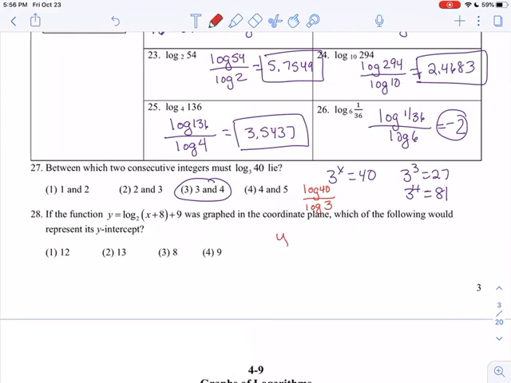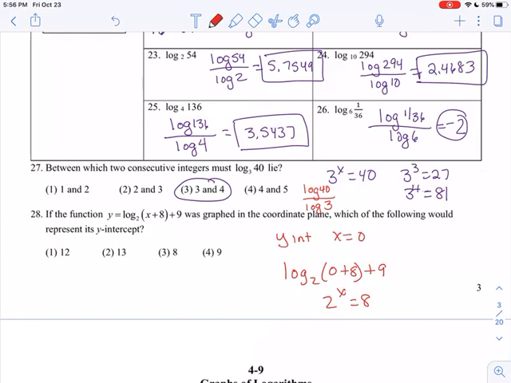And last one. If a function y equals log base 2 of x plus 8, plus 9, was graphed in the coordinate plane, which of the following would represent its y-intercept? Remember that the y-intercept is when x equals 0. So we basically have log base 2 of 0 plus 8, plus 9. All right?